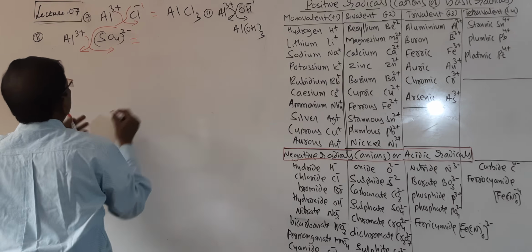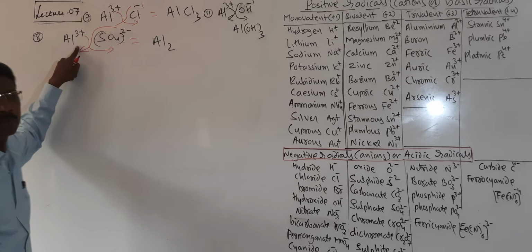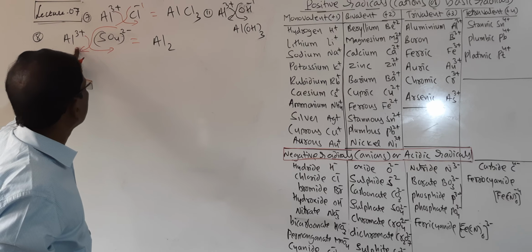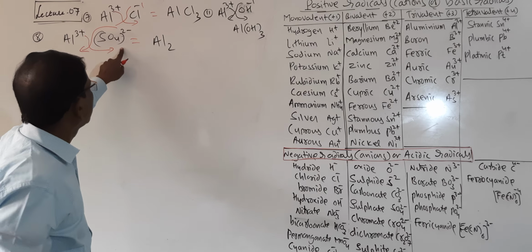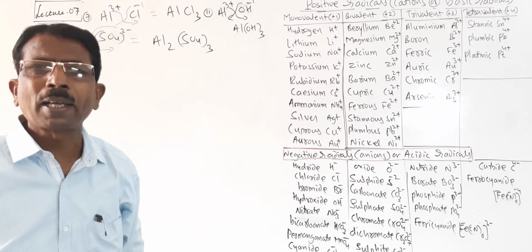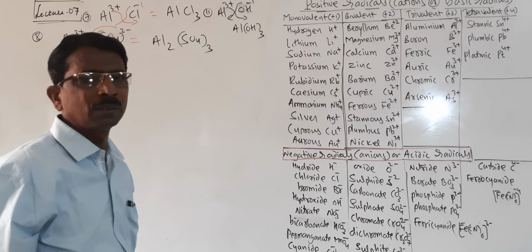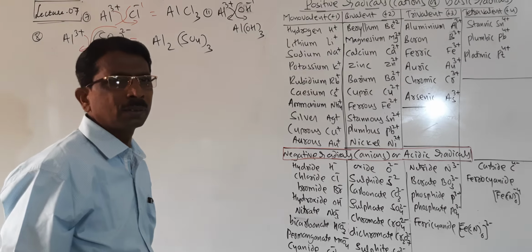Then you will get, look here students, Al2. This 2 comes here, and this 3 comes here. Al2(SO4)3, it is called aluminum sulfate. Al2(SO4)3, aluminum sulfate.